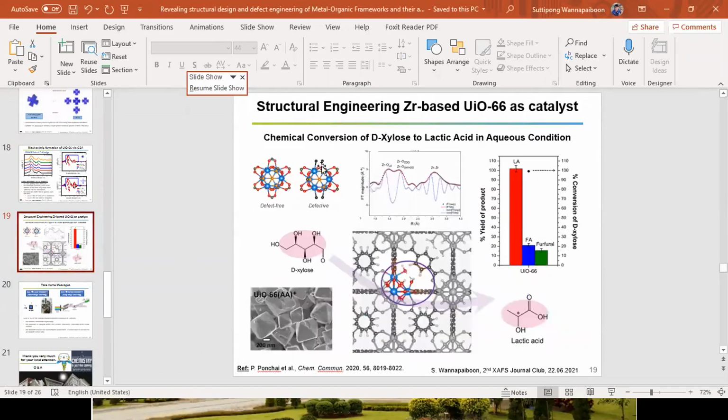Here we try to get defective nodes inside the periodic structure, but not all of the nodes are defective. So we still maintain the periodic structure of the MOF, but only some parts have the active sites inside. With this kind of Lego model, so to say, you can control the defective part to be periodic at some point, but not all the nodes. That is why we try to get the catalytic performance from the MOF.